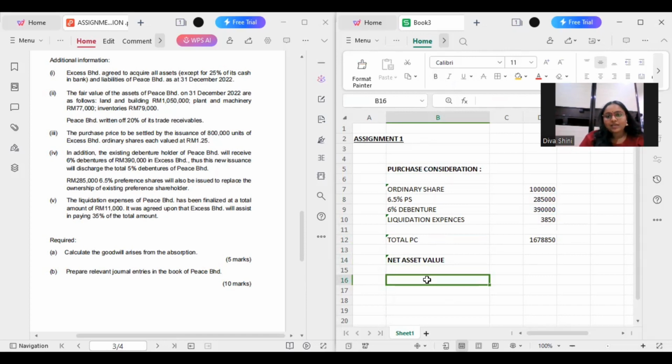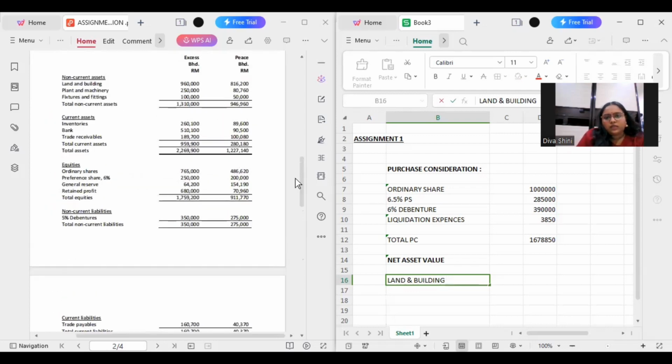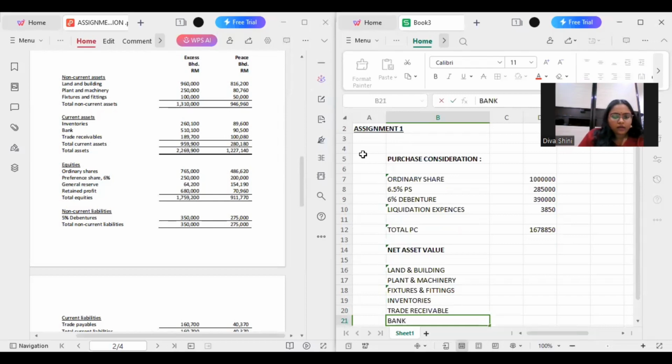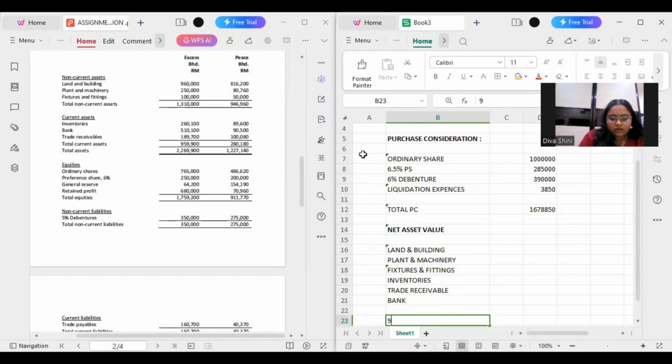The first one is land and building, plant and machinery, fixtures and fittings, inventories, trade receivable, and then we need to minus the liability, which is trade payable.